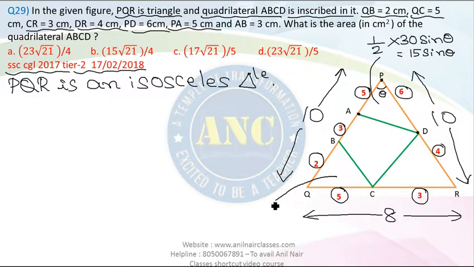Now the area of this left side smaller triangle, QBC, is half into, if I take this particular angle as theta, forget about this line BC, this is 2, this is 5, so 2 into 5 into sine of something, sine theta for example.